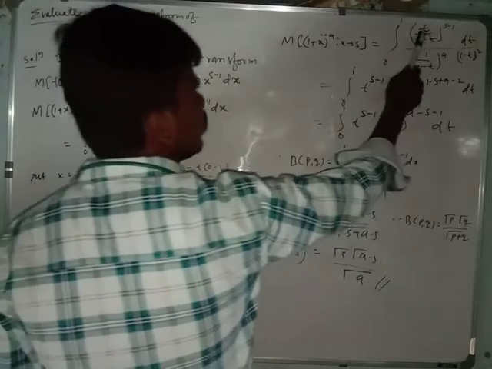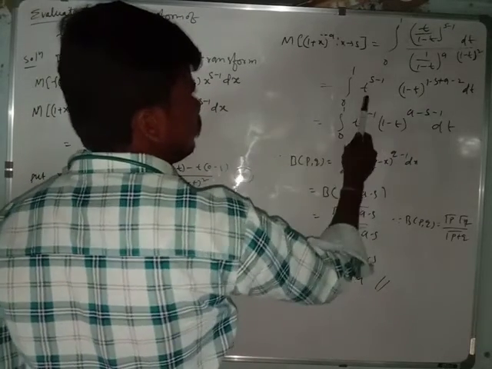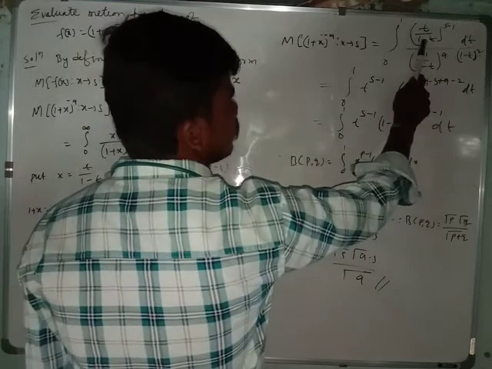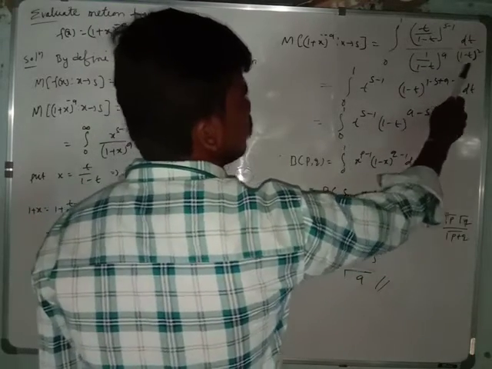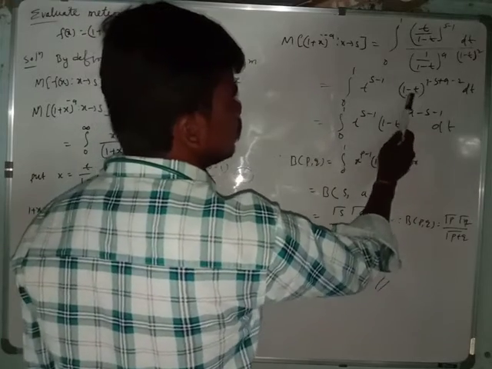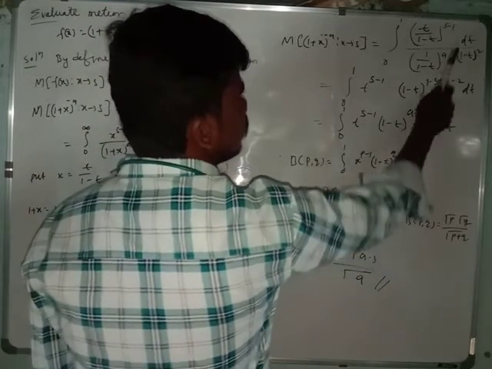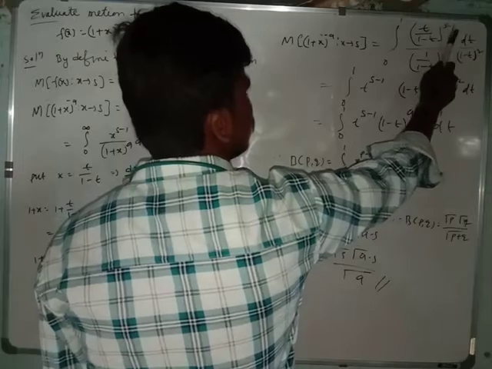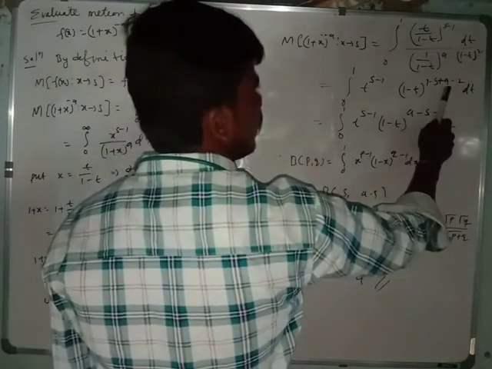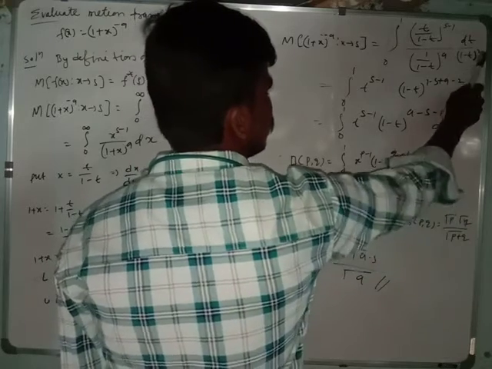Now taking t power s minus 1 common, the factors of 1 minus t are all taken in the numerator. This means (1 minus t) whole power, this s minus 1 changes to 1 minus s, plus a, and minus 2 changes to minus 2.